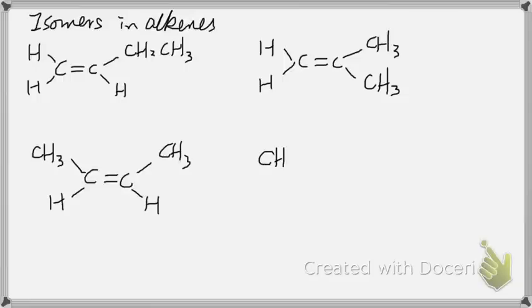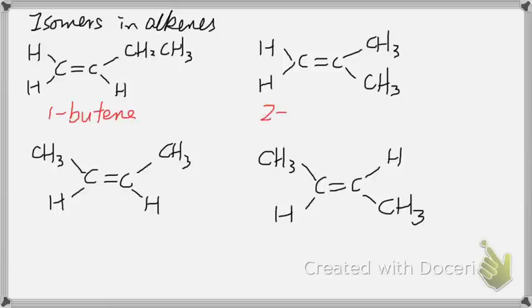So here are the structures of the 4. First, let's name these 4 compounds. The first molecule, the double bond is between carbon 1 and 2, 4 carbons, butene. So the first one is called 1-butene.